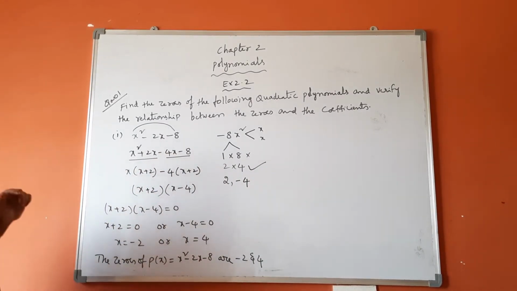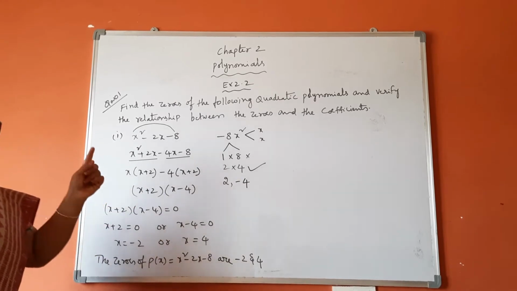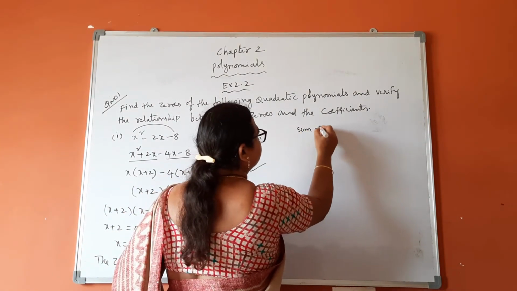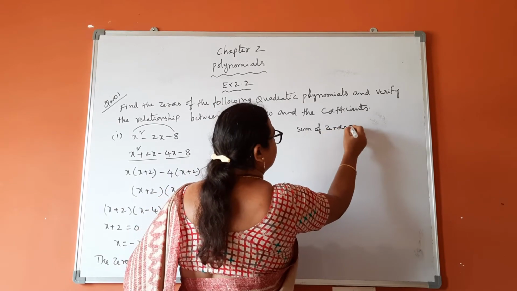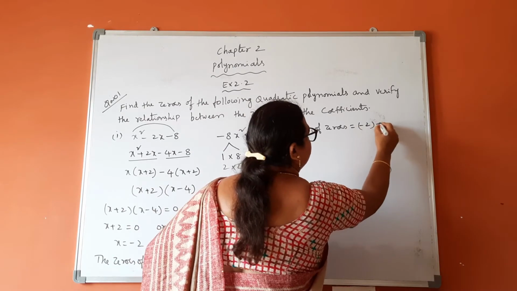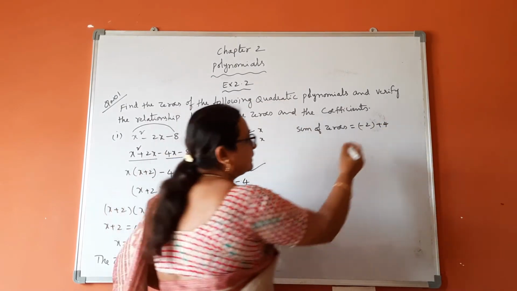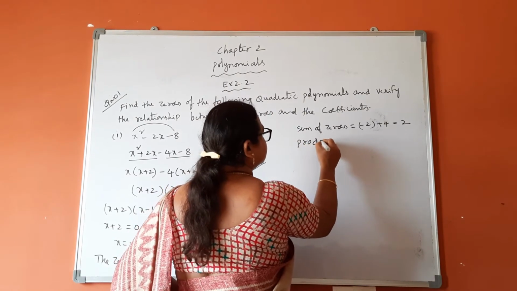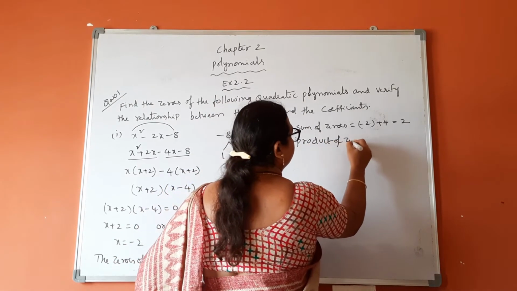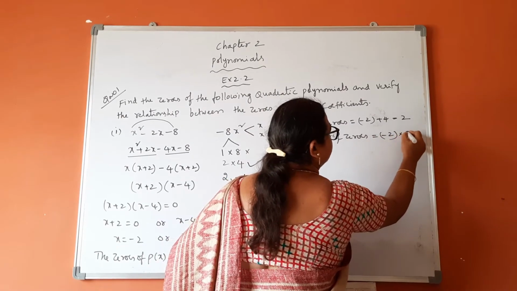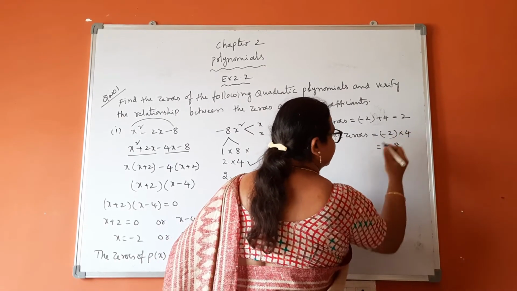Now we have to verify the relationship between zeros and coefficients. Sum of zeros is equal to minus 2 plus 4, that is 2. Product of zeros is minus 2 into 4, that is minus 8.